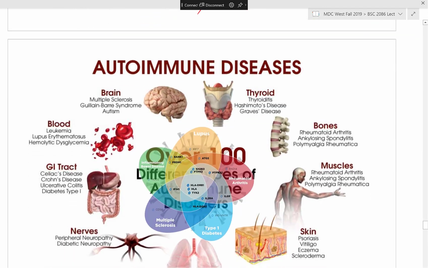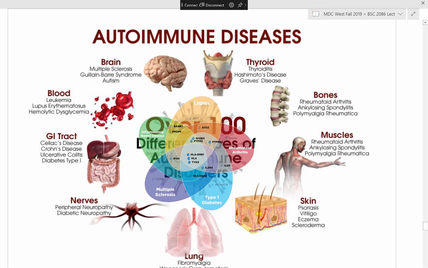So what are the autoimmune diseases? Just an example. If we talk about the thyroid, then you have thyroiditis, in this case Hashimoto's and Graves. If we're talking about the bone, then you have rheumatoid arthritis. I'm pretty sure you guys know somebody with rheumatoid arthritis, right? Ankylosing spondylitis. This is bad.